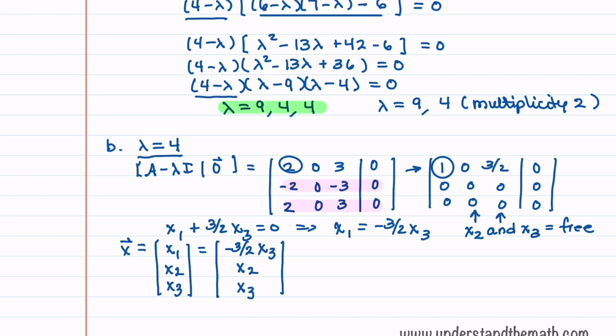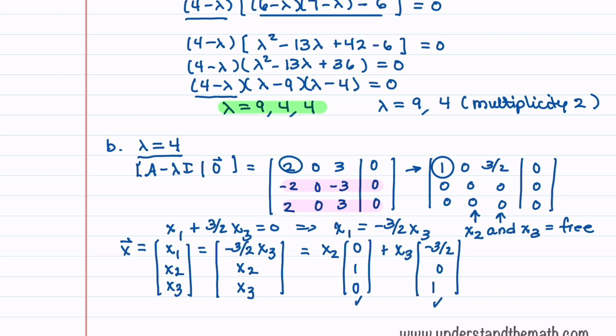Now what we have to do is split our vector apart. We can pull out an x2 and that's going to multiply 0, 1, 0. And then we'll pull out an x3. And for that one, we're going to have a minus 3 halves, a 0, and a 1. And our question asks us to find a basis for the eigenspace. So the basis is going to contain these 2 vectors.